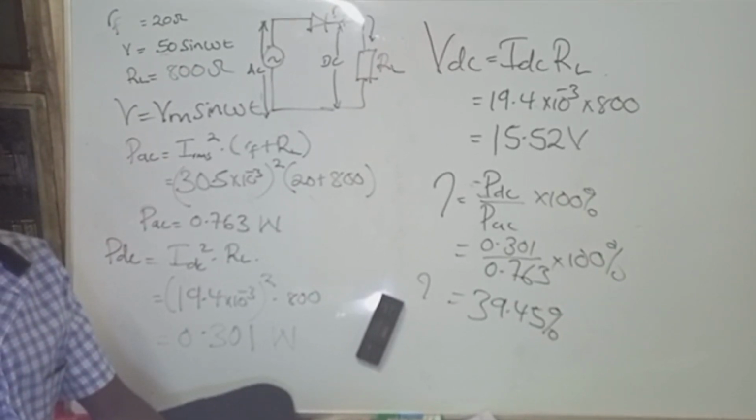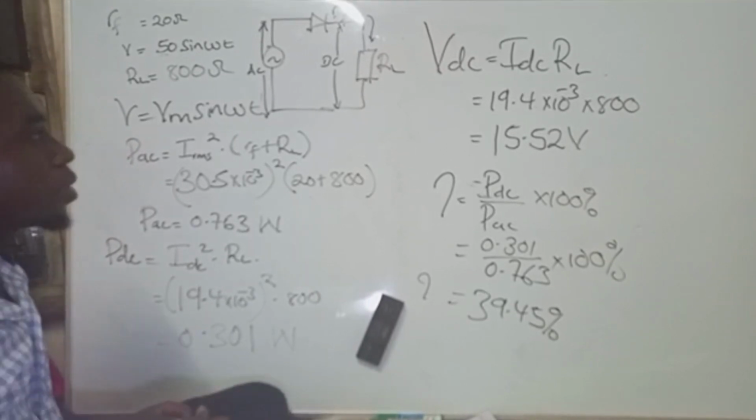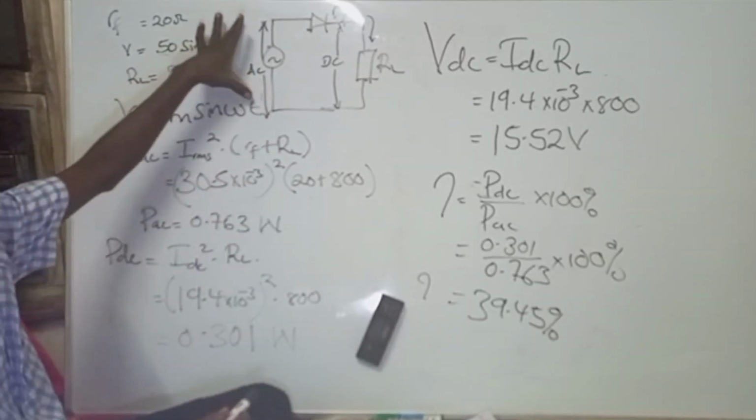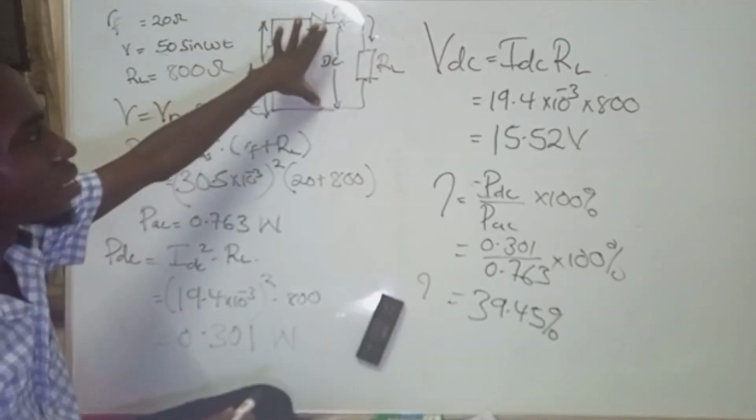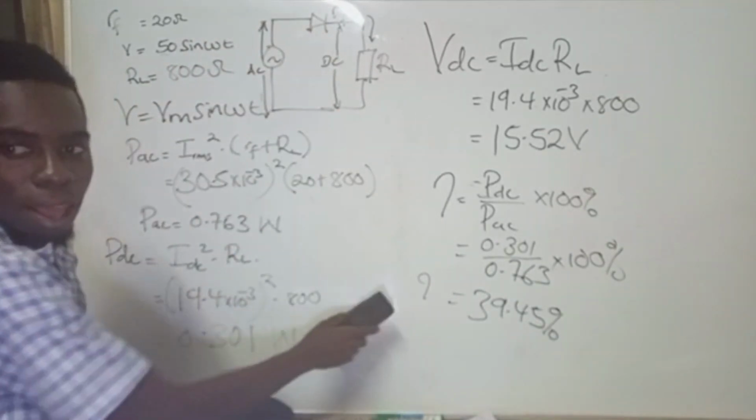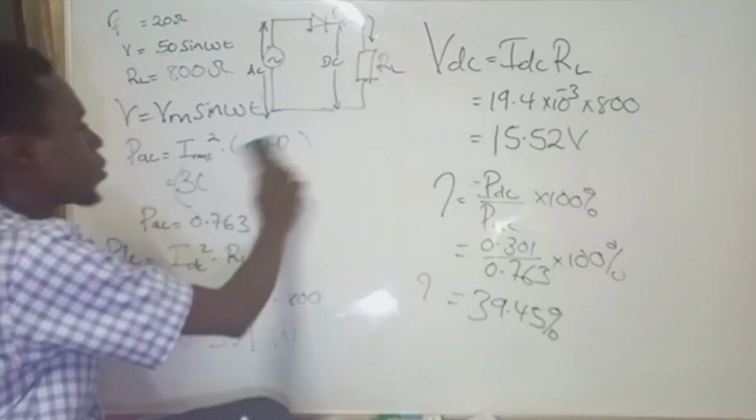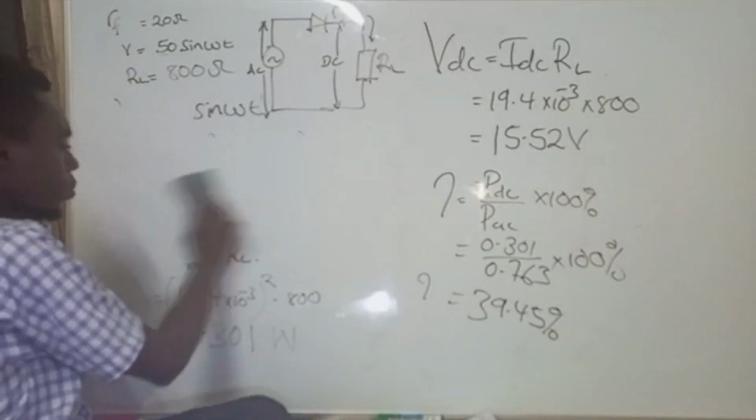So I was asking why the AC is starting from this side and then the DC is starting from the other side. I'm going to rub off this maybe to elaborate about that question.